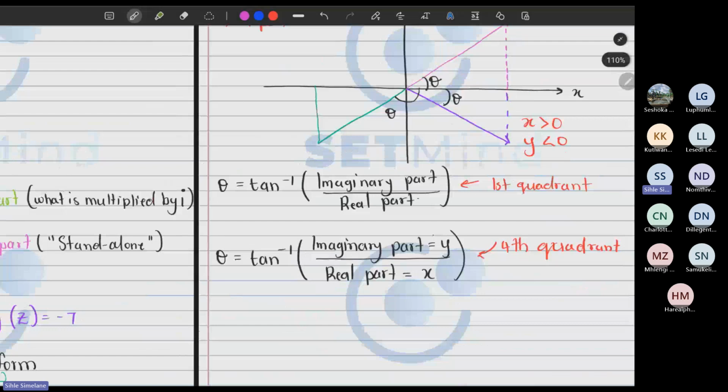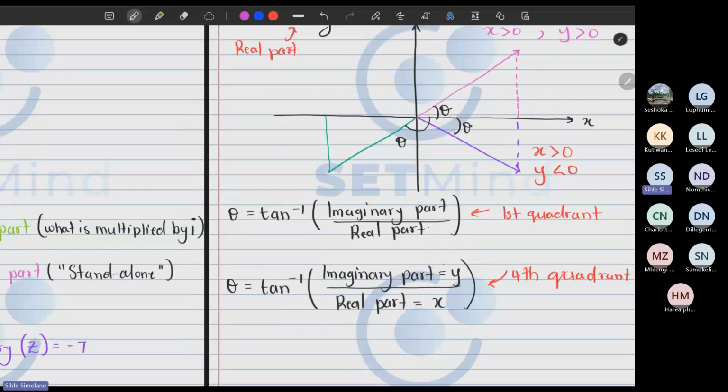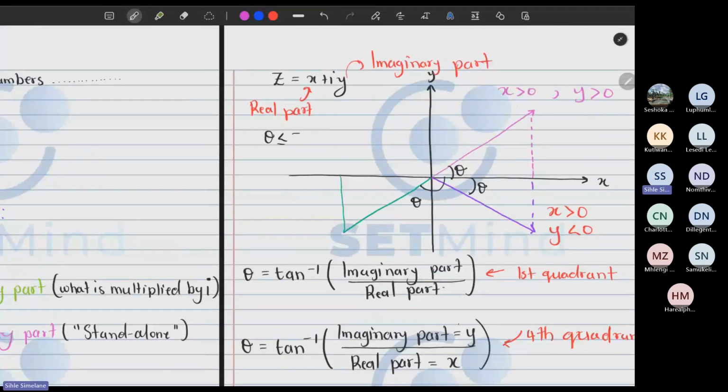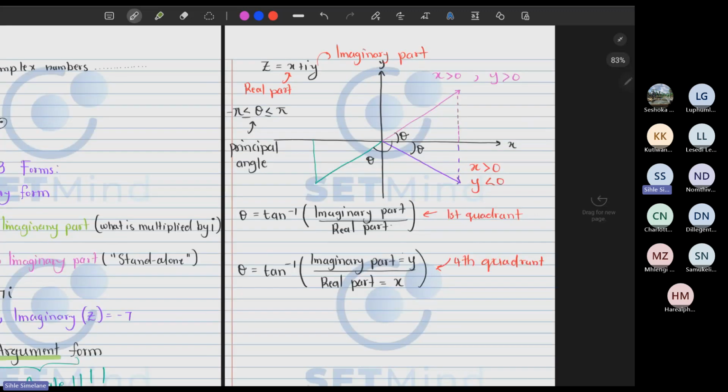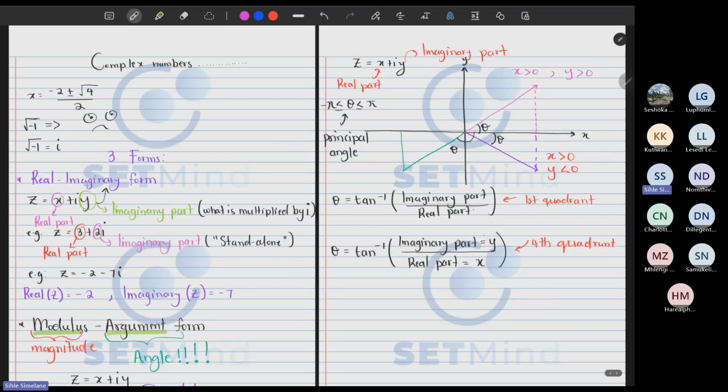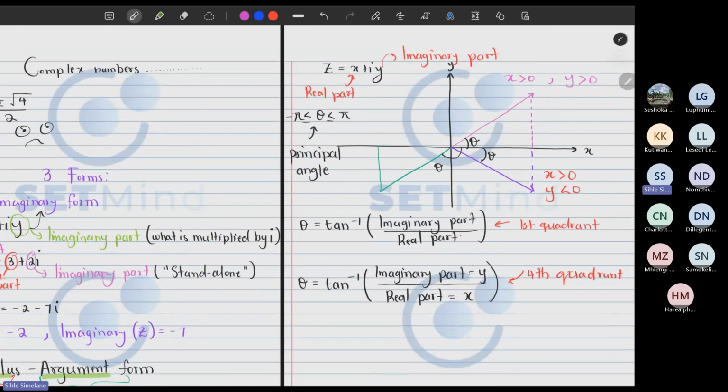On the third quadrant, if there's one thing you do not want, your theta should always be between pi and negative pi. If you remember, there's something they call the principal angle or argument. So the formulas which I'm giving you will help you to ensure that your angle is within the principal angle. So if you follow this, there will be no need for you to reduce the angle and divide into all sorts of things.